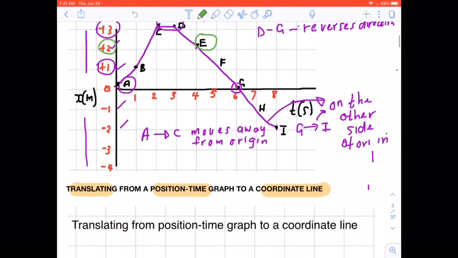But when we are at G, I am now at the origin, back to where we started off, and then from G, H, and I, it goes on the other side of the coordinate line.